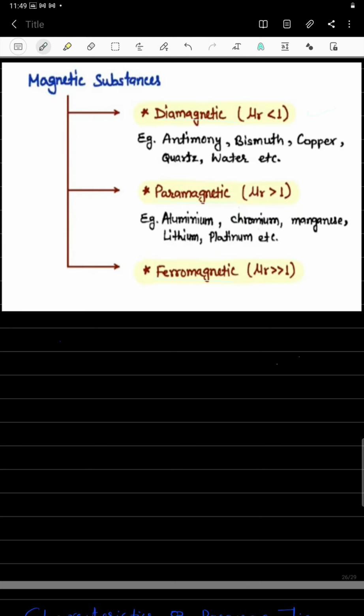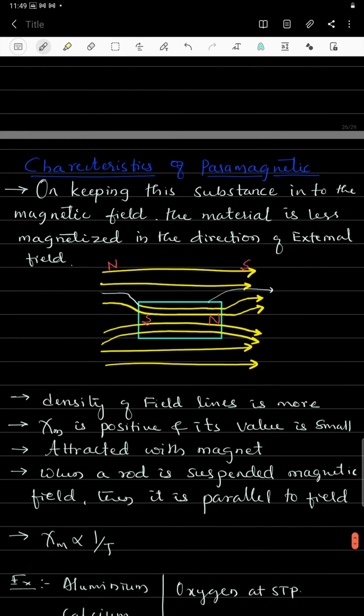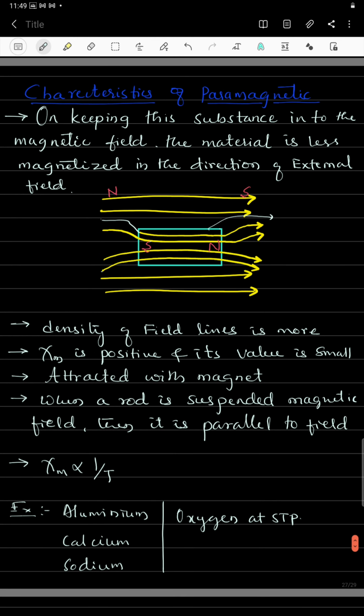Let us see first the paramagnetic substances, or characteristics of paramagnetic. So what will happen in a paramagnetic substance? Let us take one magnetic material. If you place that magnetic material into an external magnetic field, the alignment of that material is in any direction.